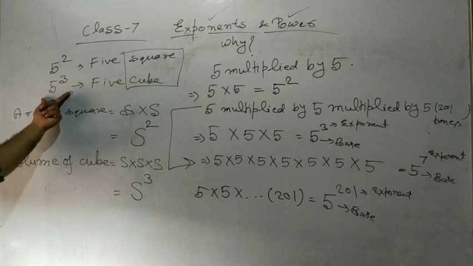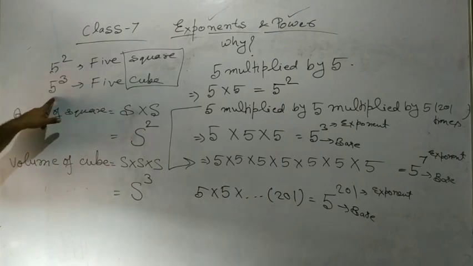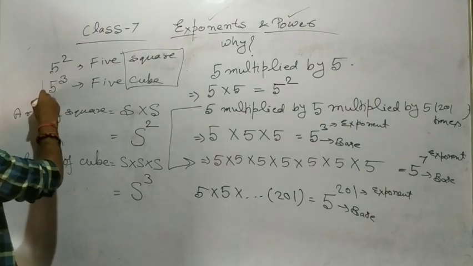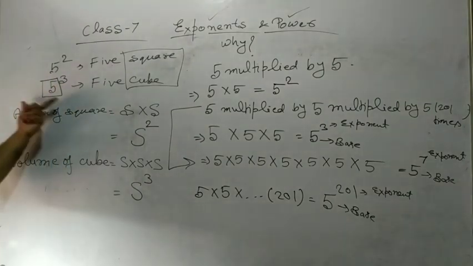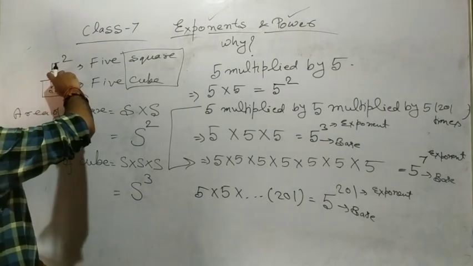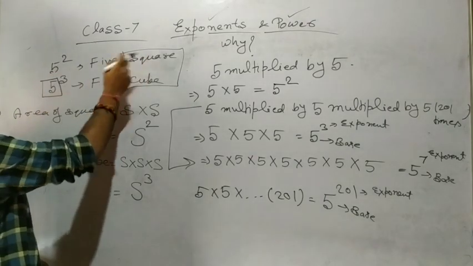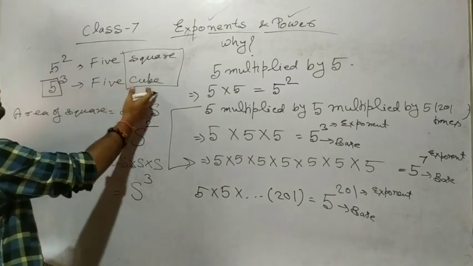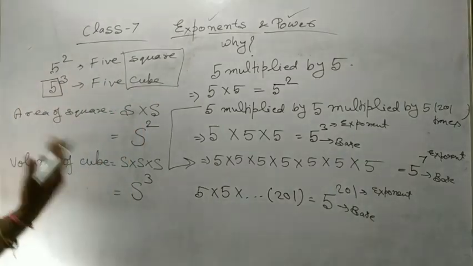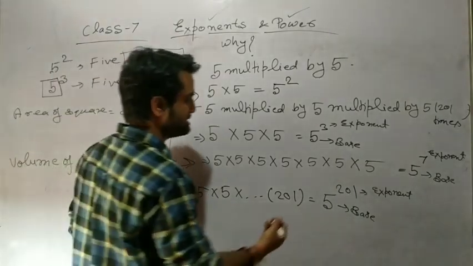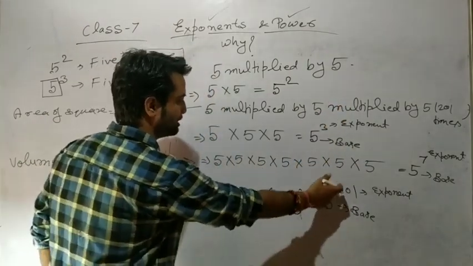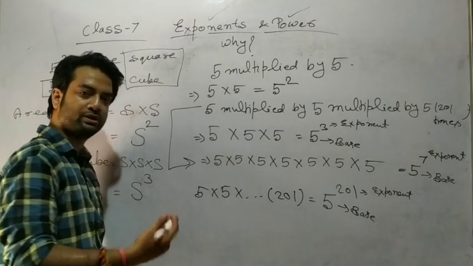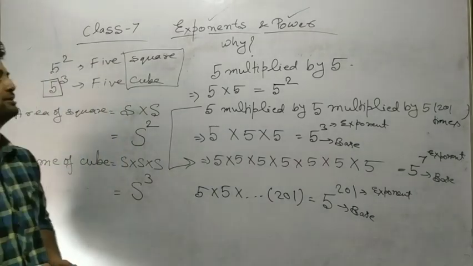In the same way, 5 cube represents the volume of a cube having side 5 units. That is why power 2 is called square and power 3 is called cube. Other than that, we read it as 5 raised to the power 7, 5 raised to the power 201, or 5 to the power 201.